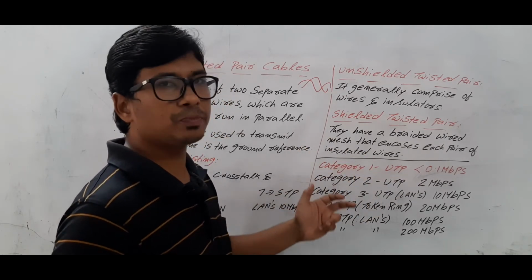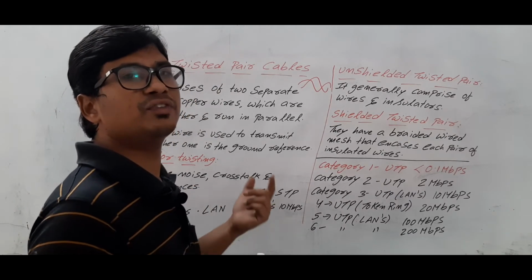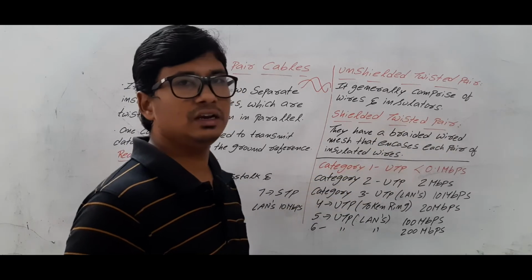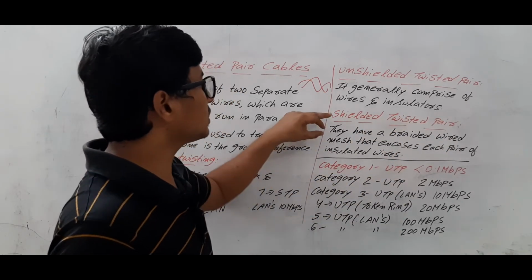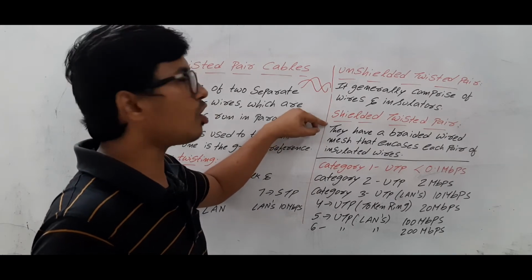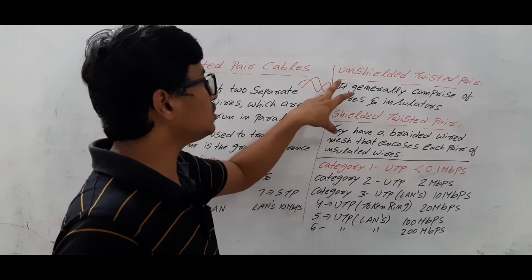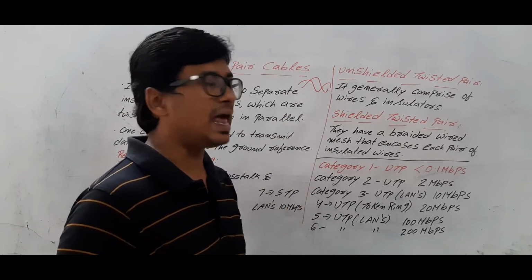The purpose of this extra mesh is that it will reduce the interference further. It tries to avoid electromagnetic interference when we use the shielded twisted pair cable. The shielded twisted pair cables are costly as compared to the unshielded twisted pair cables. These two are used in telephone lines and in LAN technologies.